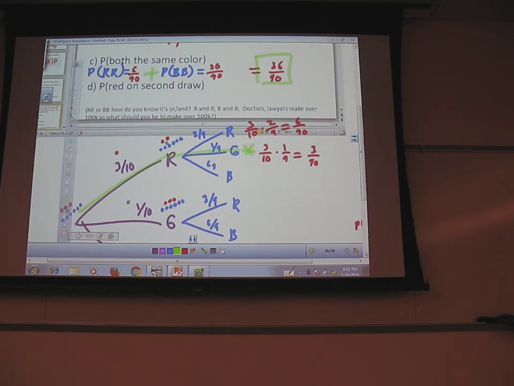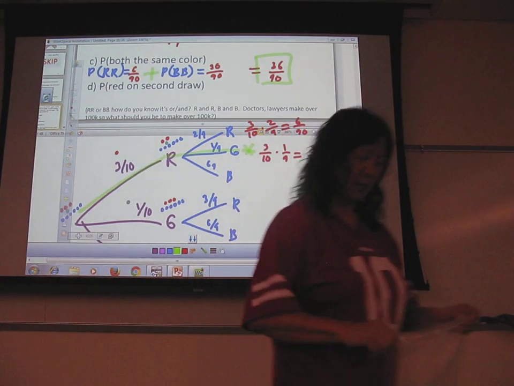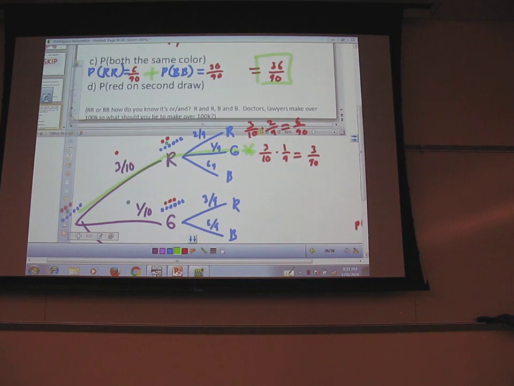The next one is red on the second draw. So here's the easy way of finding that. Imagine that there's a bunch of marbles in here, and they just get dropped in. However, when I finish mixing these up, wherever they stand is where they will be forever.